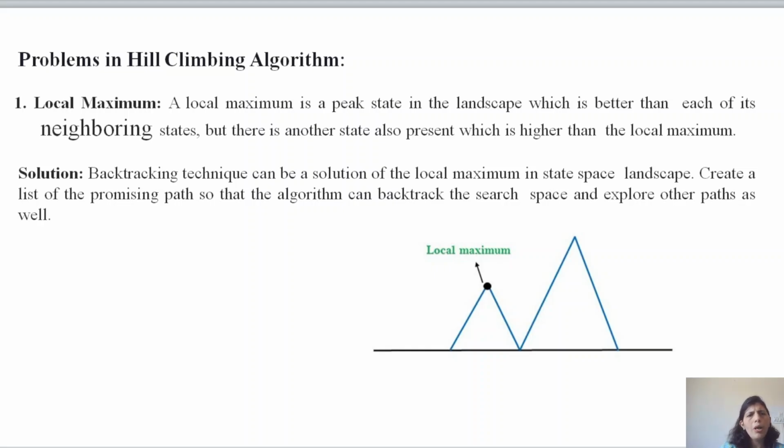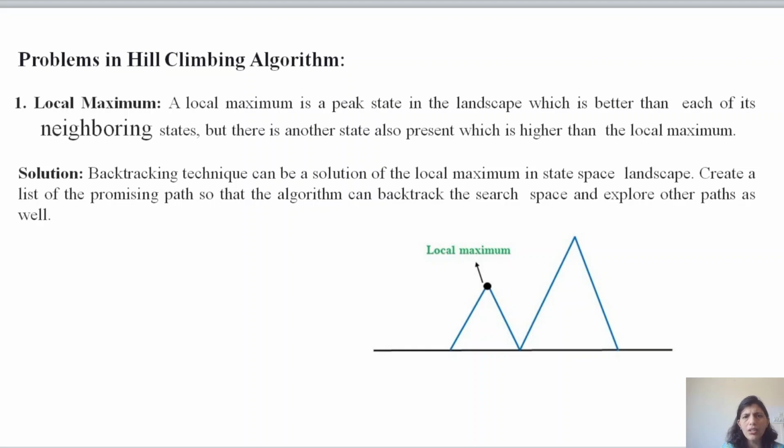There are some problems in the hill climbing algorithm. The first one is the local maximum. Local maximum means our value may be good in the neighborhood but not the best among all. Local maximum is a peak state in the landscape which is better than each of its neighboring states, but there is another state present which is higher than the local maximum. Means this is the maximum value within the local area.